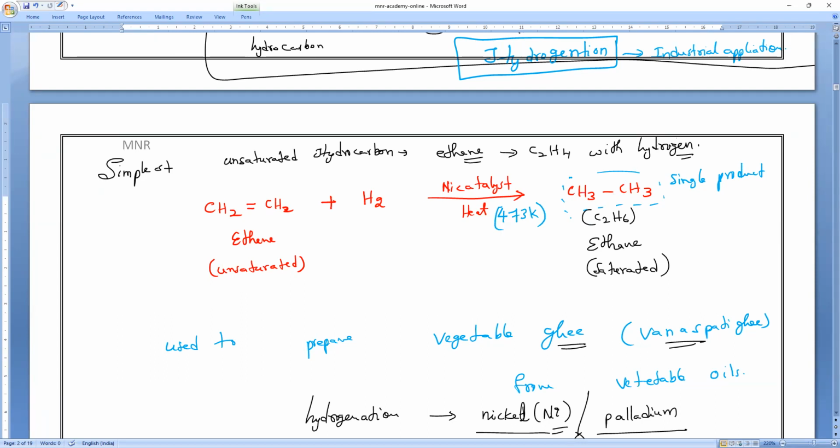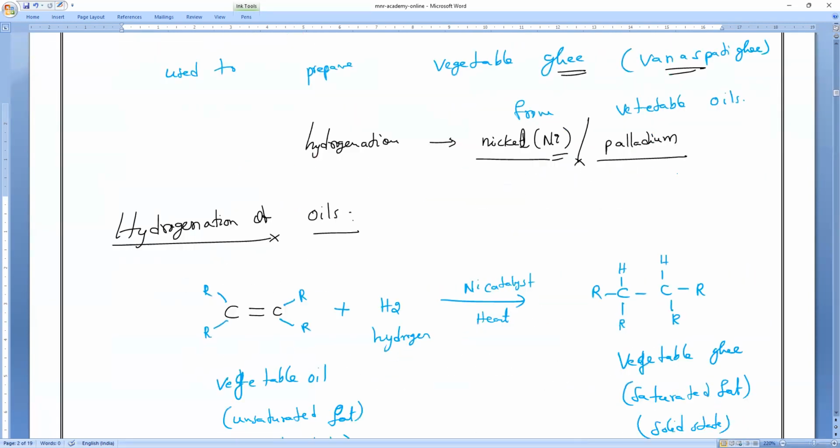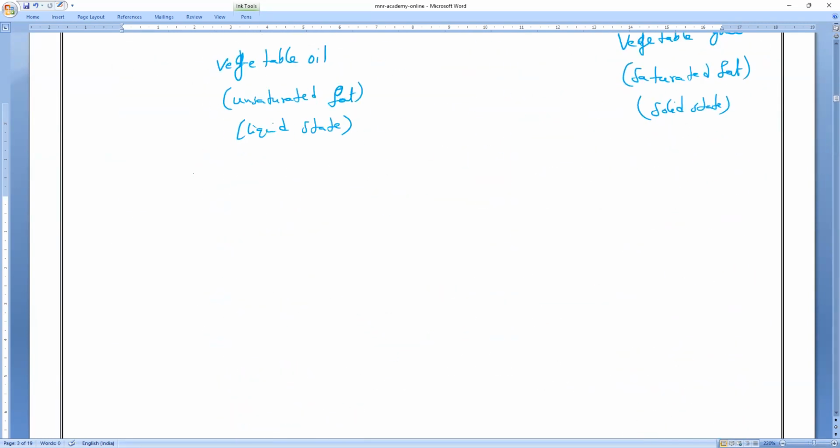I hope you all understand. You can also write the triple bond if you want. So ethyne, CH triple bond CH, will react with hydrogen in the presence of nickel at the same 473 Kelvin.